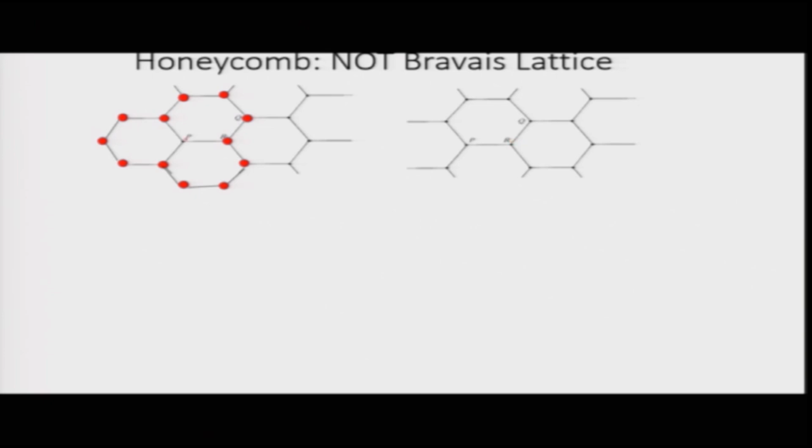So, I first go and sit on my point P, and here as red circles are the lattice points which I see around point P. This is how the distribution of the lattice points looks around point P. Now, I will go to another point, say Q.